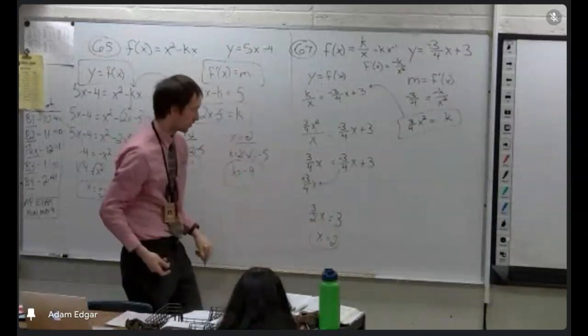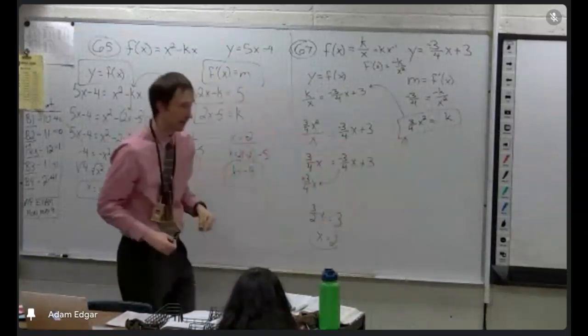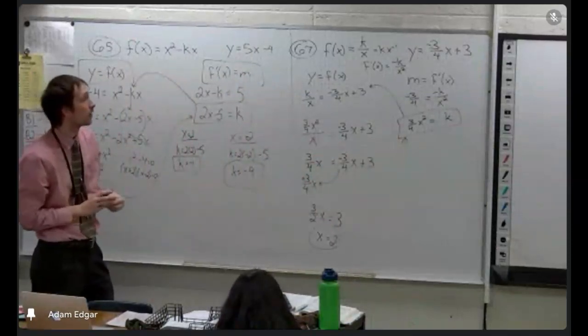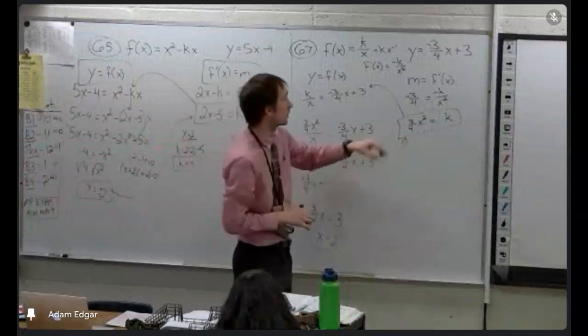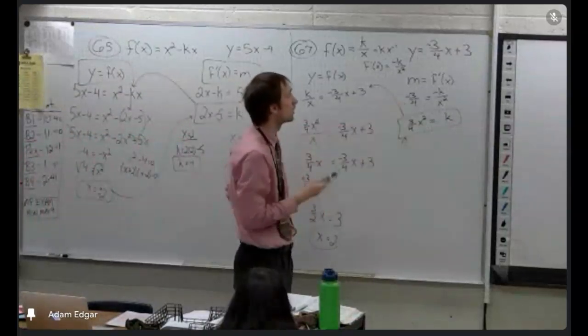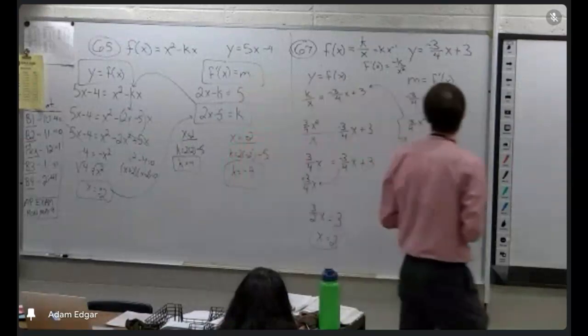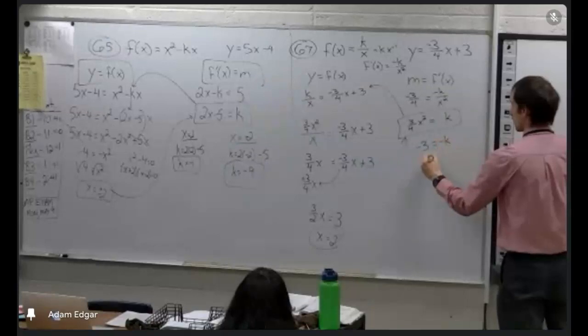So then once you've got that, find k. Since negative 3 over 4 is equal to negative k over x squared, we just have automatically k is equal to 3, and x is equal to positive or negative 2.